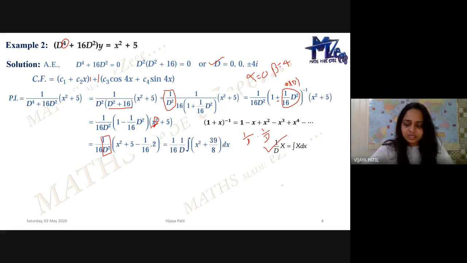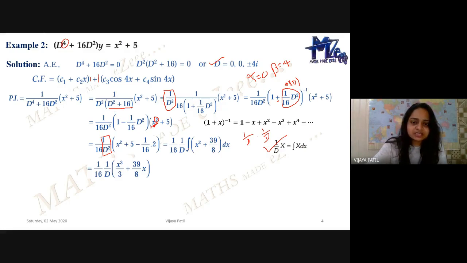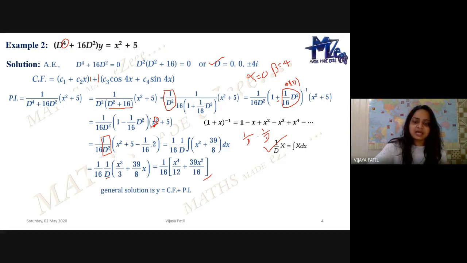So we operate on the integral of x squared plus 39 by 8 dx, and once integrated it is x cubed by 3 plus 39 by 8 times x. Again we need to integrate because one more 1 by D is left. So it will give me 1 by 16, x to the power 4 upon 12 plus 39 x squared by 16. So we have got this PI.